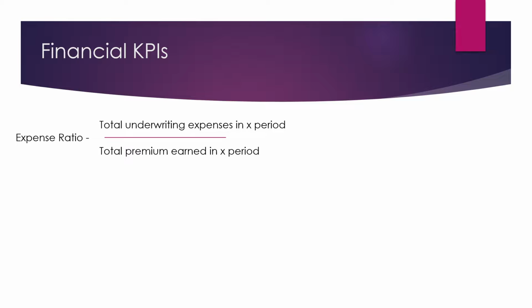Total underwriting expenses, mind you. For doing underwriting, whatever total amount you are spending in X period versus the total premium you have earned in X period is the expense ratio. Basically, for doing the underwriting part, what is the expense you are having versus the total premium. This is the expense ratio.